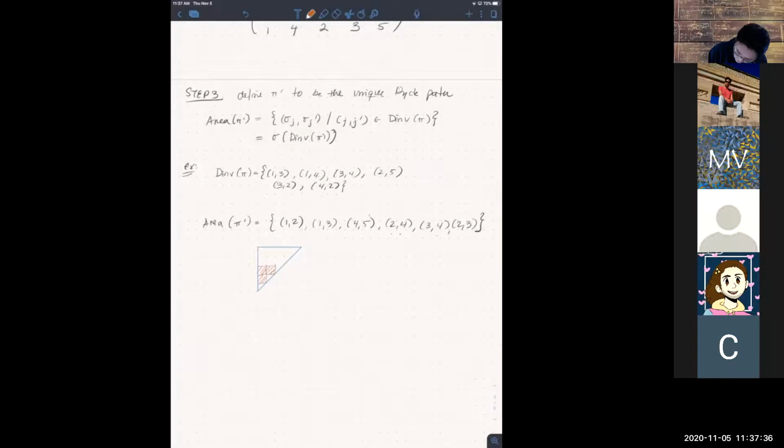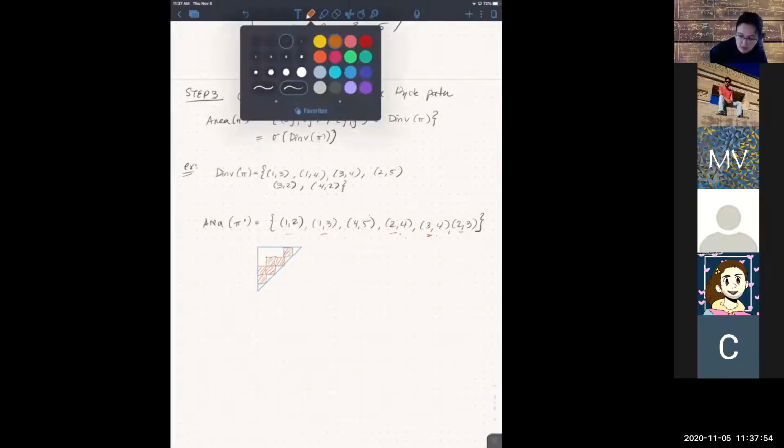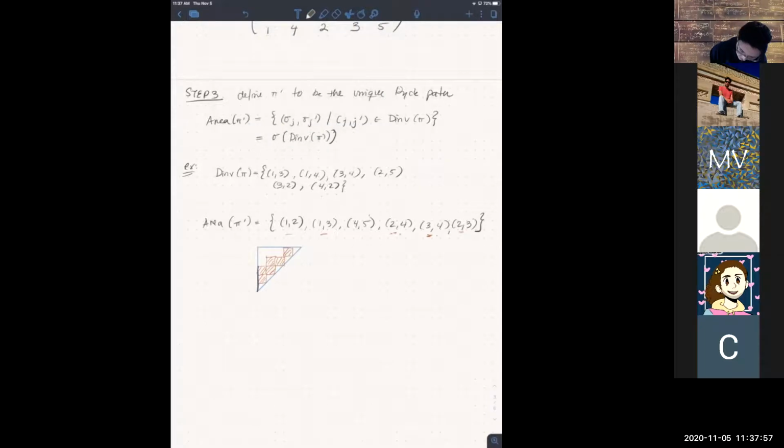And then 2, 4 is this one. So I'm just drawing these. Then we have box 3, 4, which is this one. And then we have box 4, 5, which is this one. And so then our dict path is uniquely defined as basically just follow exactly what this is saying. There's your dict path pi prime. Is that clear?